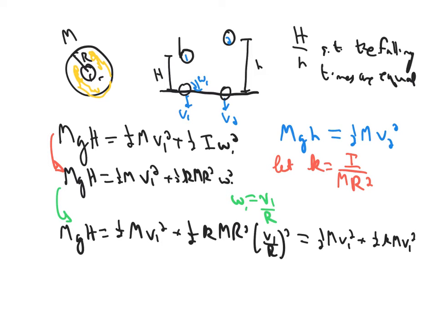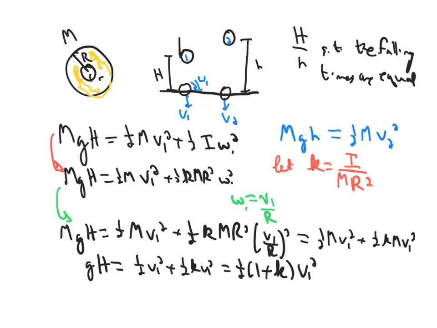And so now we can get rid of the m's and have that gH is 1/2 v1 squared plus 1/2 k v1 squared, or 1/2 (1 plus k) v1 squared.